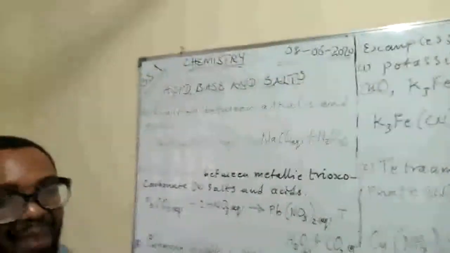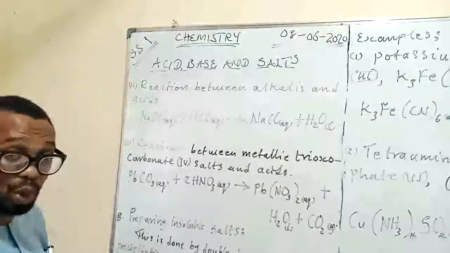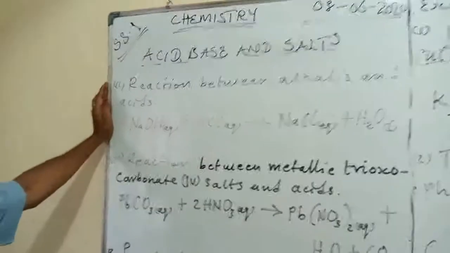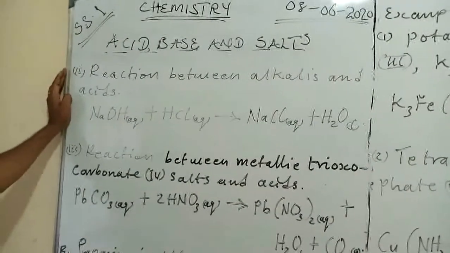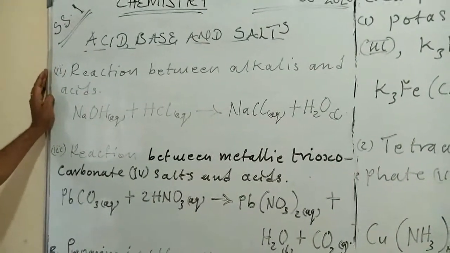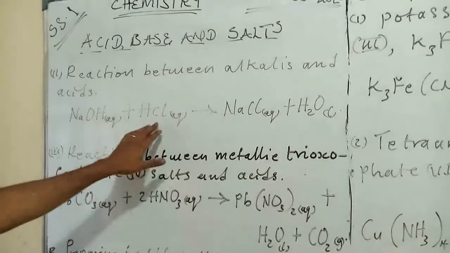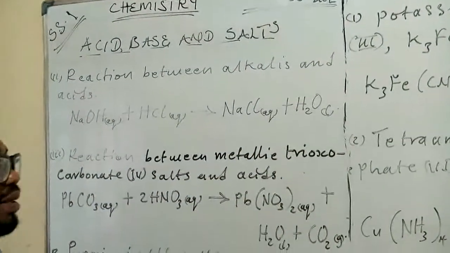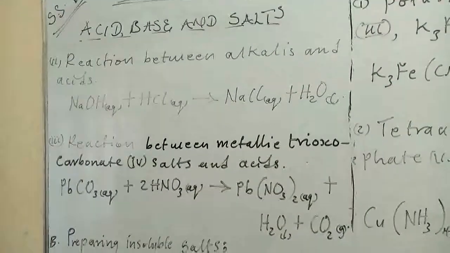Another method that can be employed in preparing soluble salt is reaction between alkalis and acid. That is a neutralization reaction. Sodium hydroxide neutralizes hydrochloric acid to form a normal salt, sodium chloride, and water. That salt is prepared. It's as simple as that.